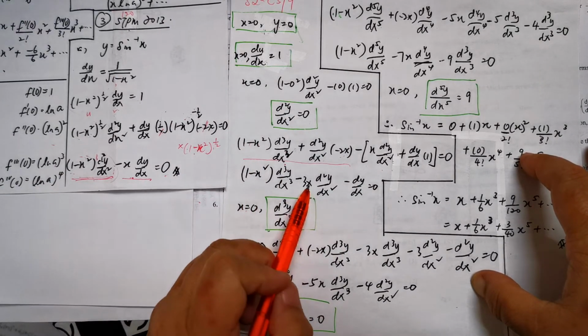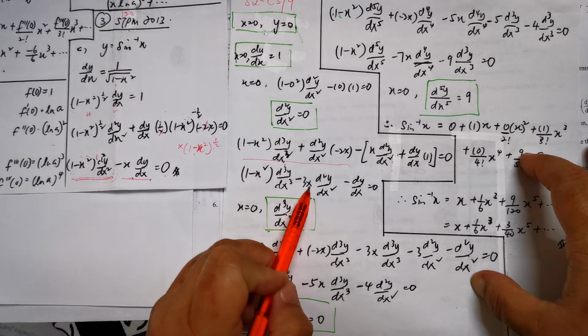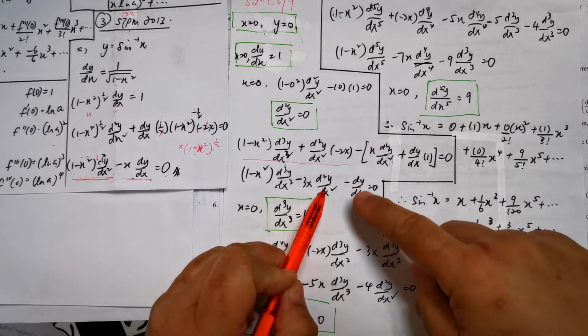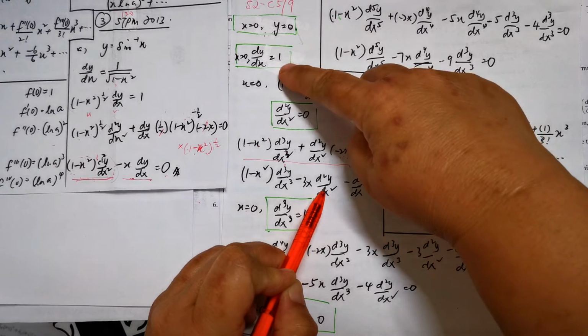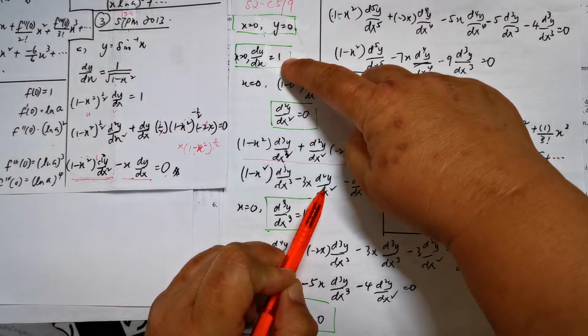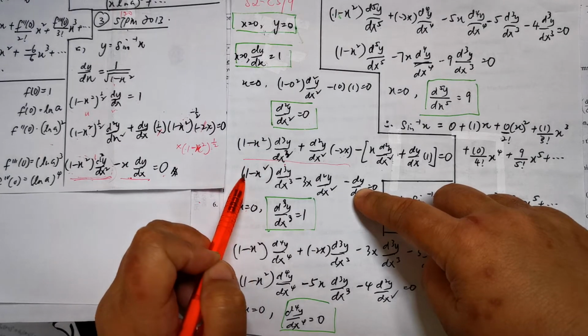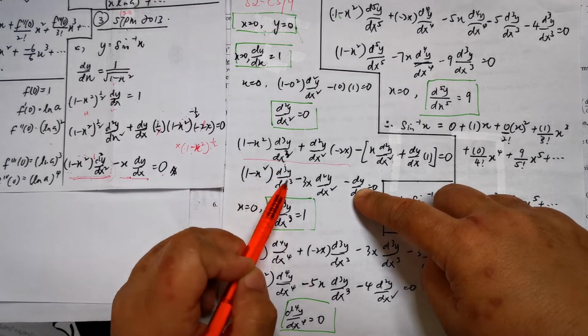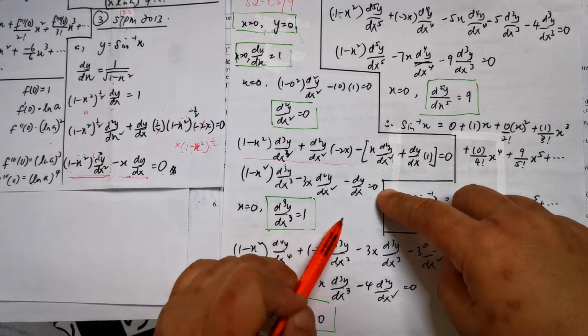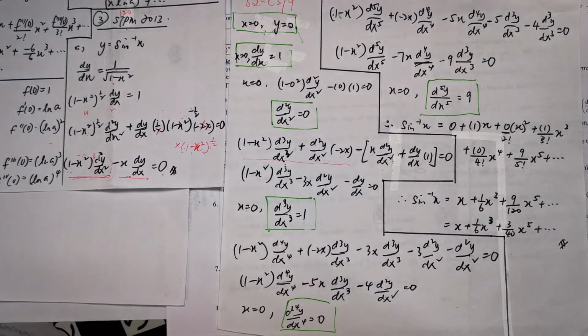When we sub x equals 0, this whole term becomes 0, minus dy/dx. Here we already got dy/dx is 1. So your d³y/dx³ minus 1 equals 0. So 1 shifts to this side, your d³y/dx³ is 1.